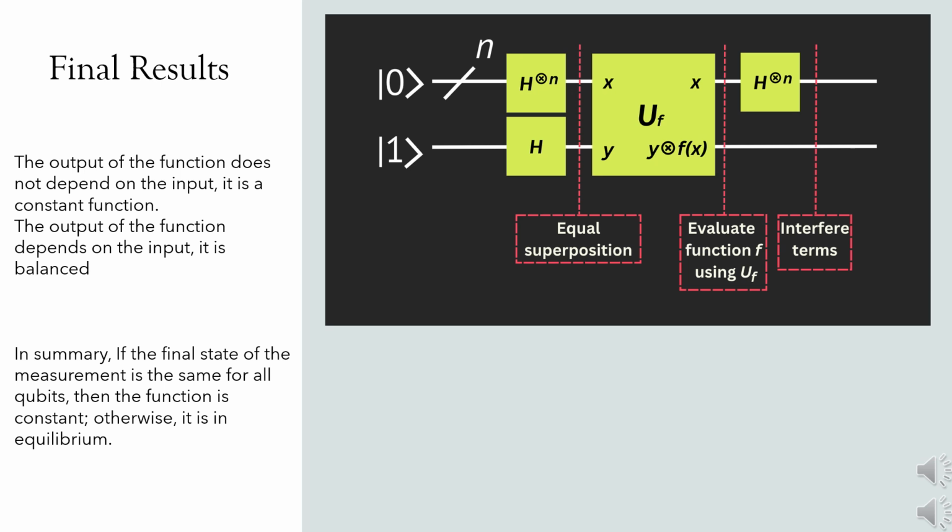In this case, all qubits are in the ground state. If the function is balanced, quantum interference ensures that the measured output is not 0, 0, 0. This means that the function being evaluated produces different results for different inputs. In summary, if the final state of the measurement is 0 for all qubits, then the function is constant, otherwise it is balanced.